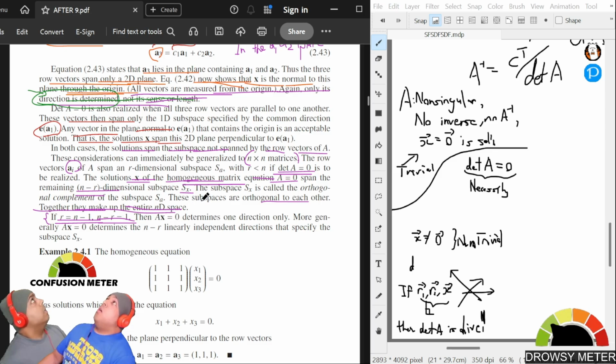Then AX equals 0 determines one direction only. Okay, we're dealing with n dimensions, right? Let's say n is 3D. If R equals n minus 1, R is 2D now, 3 minus 1, 2. N minus R, this is a nothing burger.